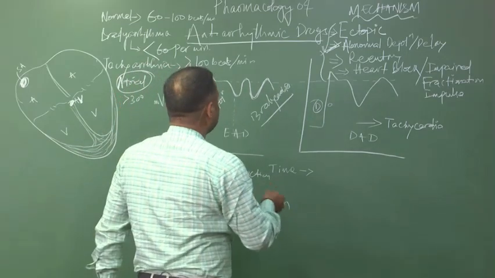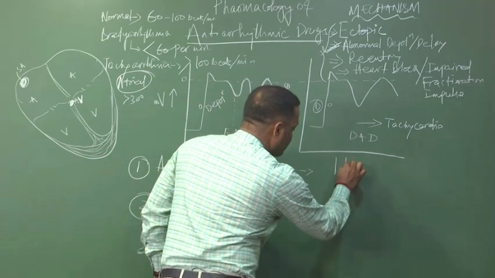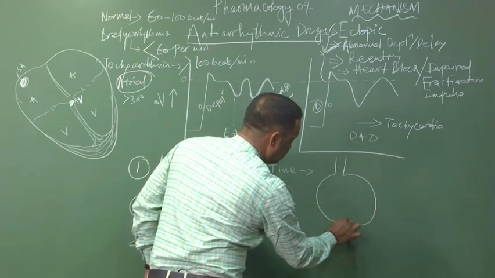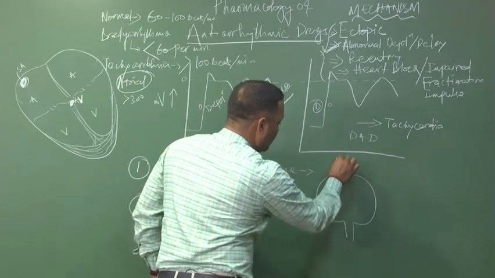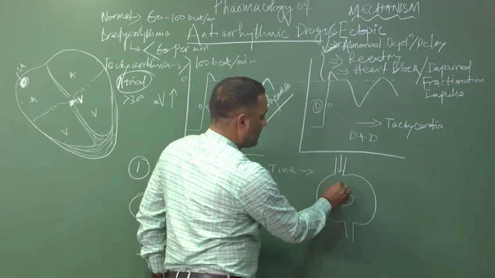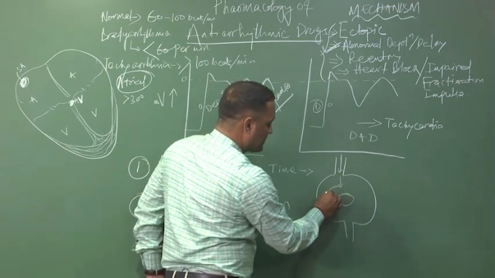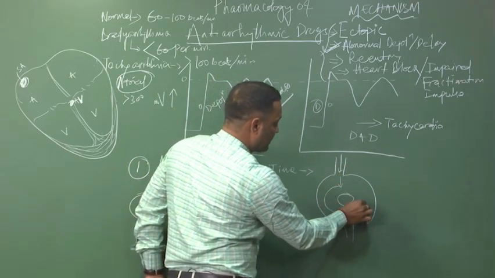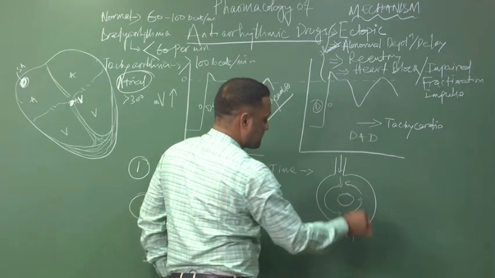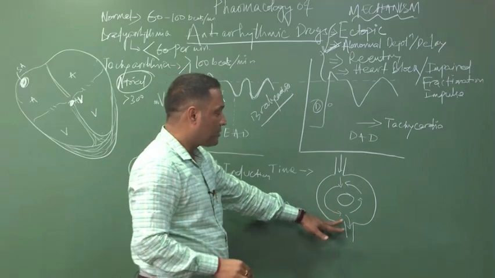So, here I can show you a movement starts from there, then the cycle goes on like this. A cycle goes on like this.